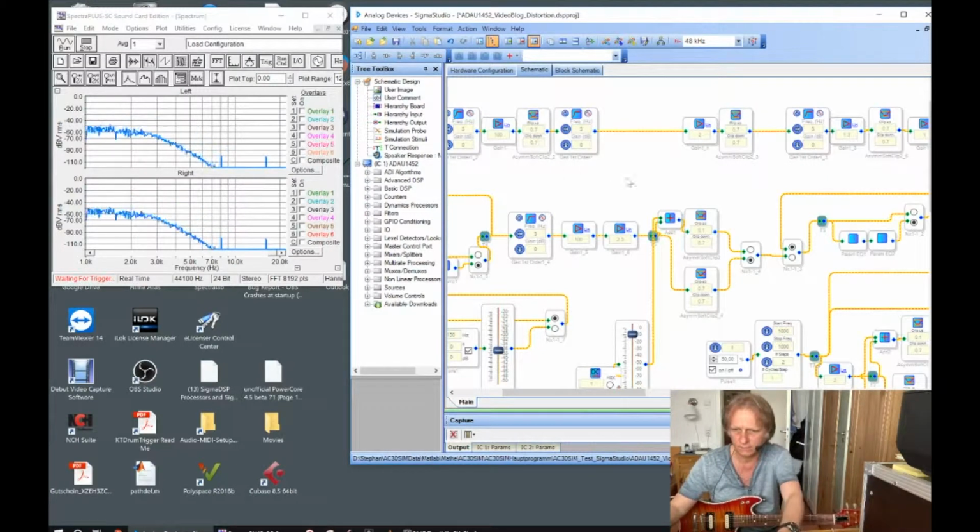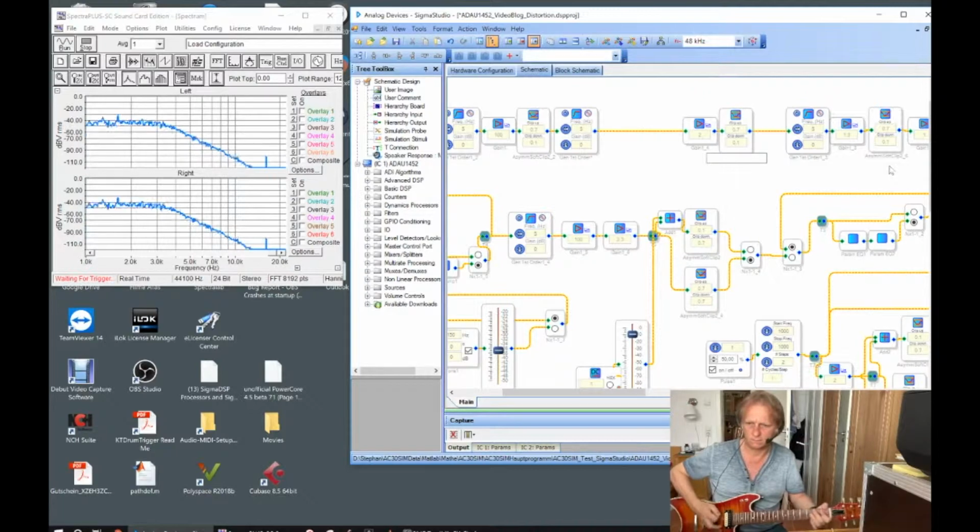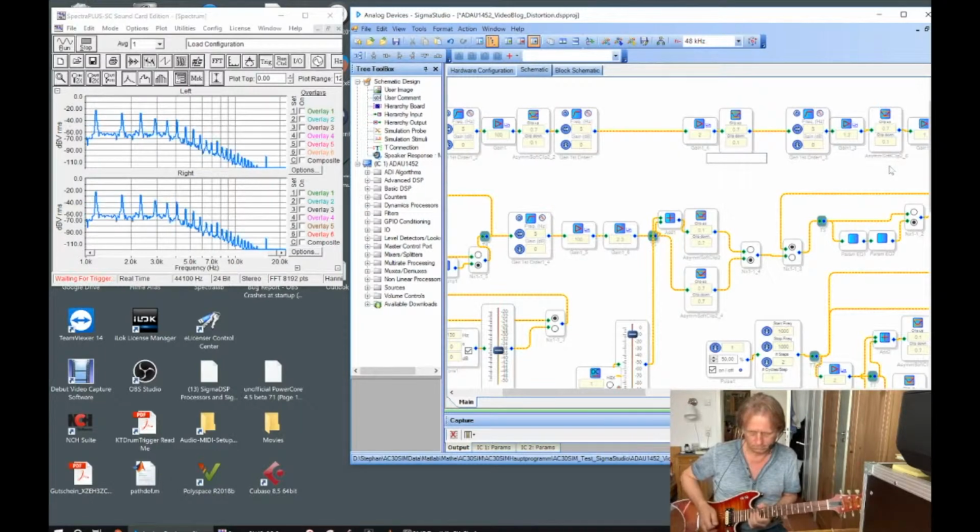And asymmetrical. Right. It goes more to the Vox AC30. Very smooth. You agree?